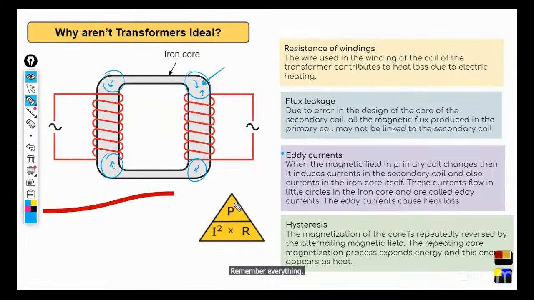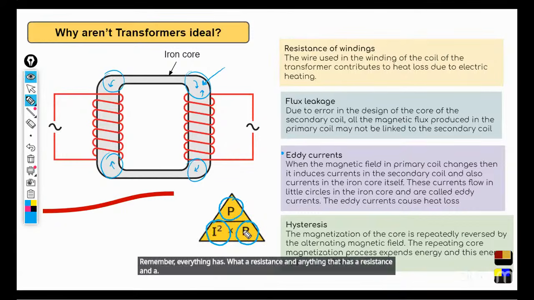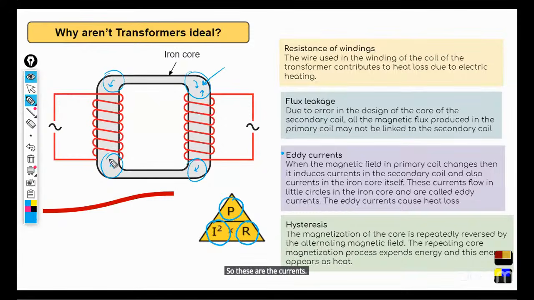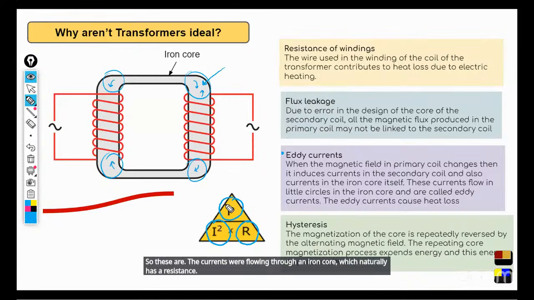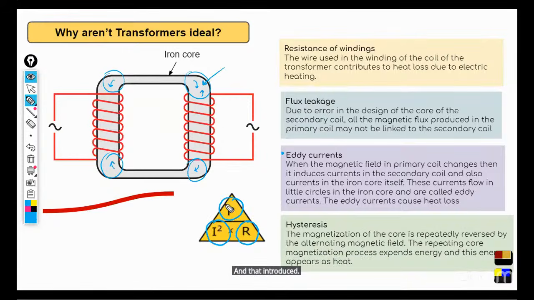A resistance. And anything that has a resistance and a current flowing through it will have a power loss. So these eddy currents were flowing through an iron core, which naturally has a resistance. And that introduced a power loss in the iron core.